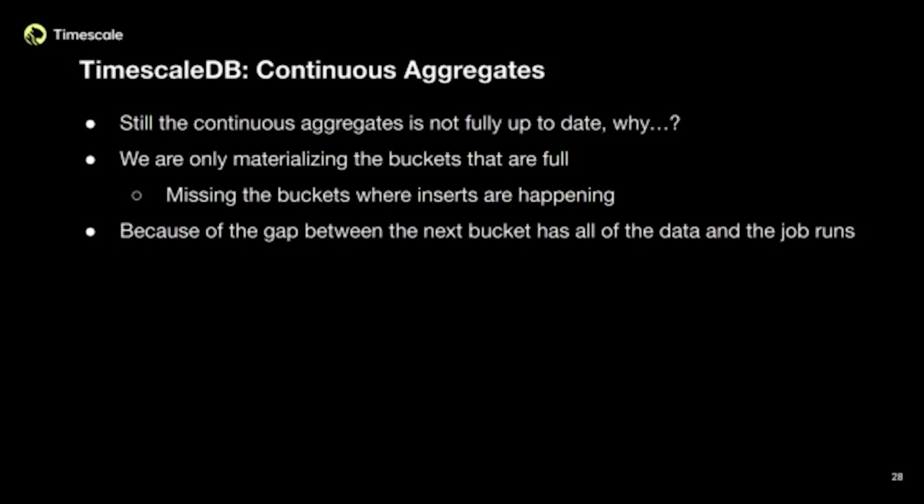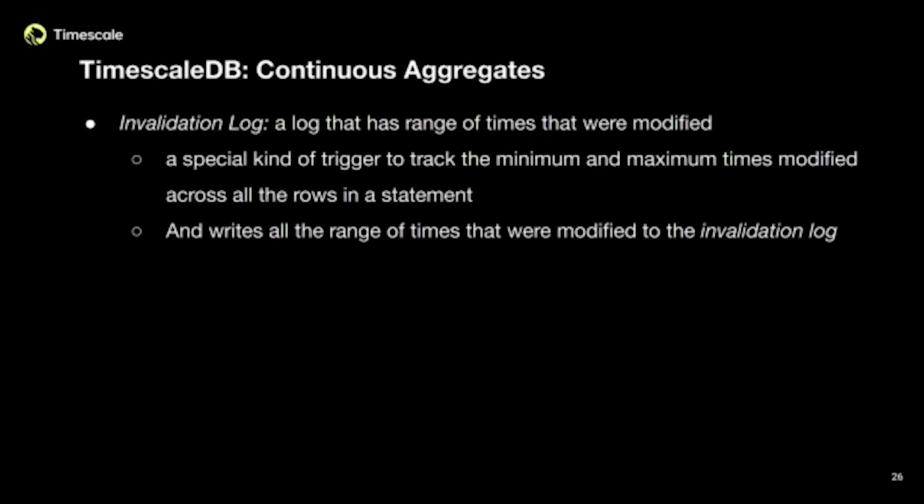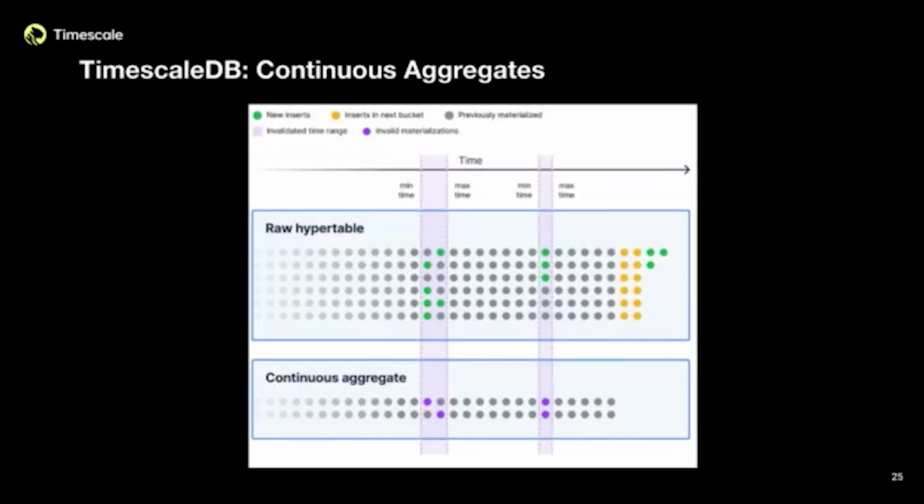This is another piece of information, but I will move to another slide about real-time views. Here, what happens, for example, when we insert data in the last bucket of time, the green points at the right, we are inserting data in the last bucket, but the continuous aggregate refreshes the data just until the last full bucket.